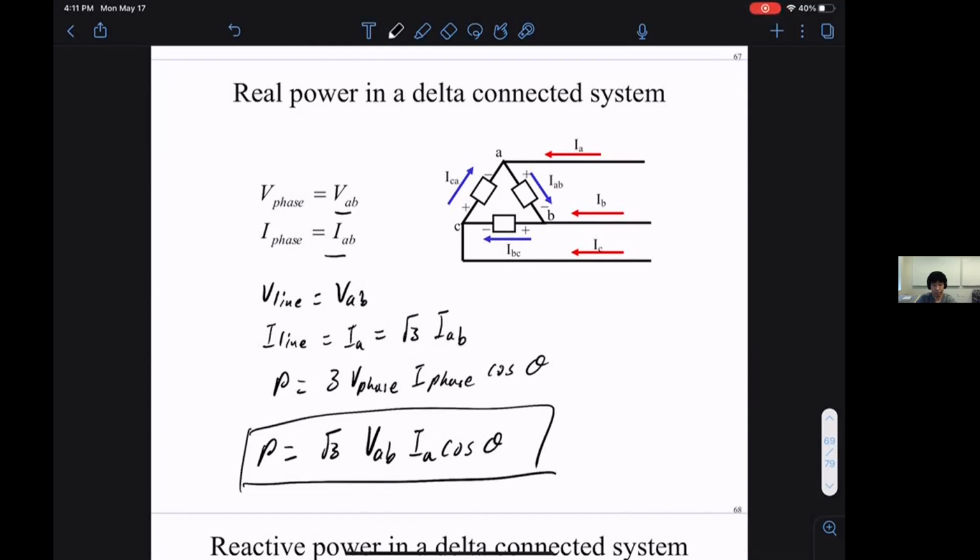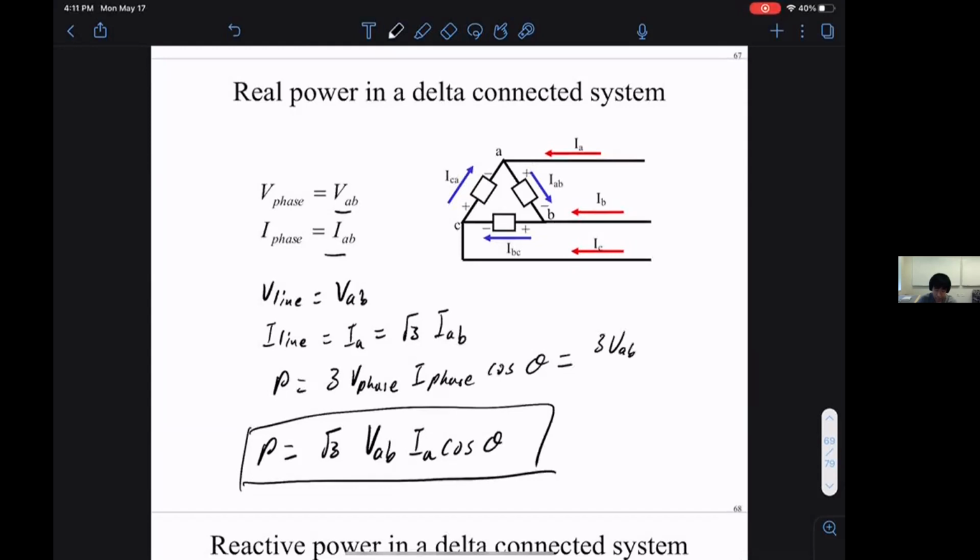Wait, how do you get √3 when there's a 3 in it? Wouldn't it be 3? No. Look at this equation: 3 VAB times IA over √3 cosine theta, because IA is √3 times IAB, so IAB is IA over √3.